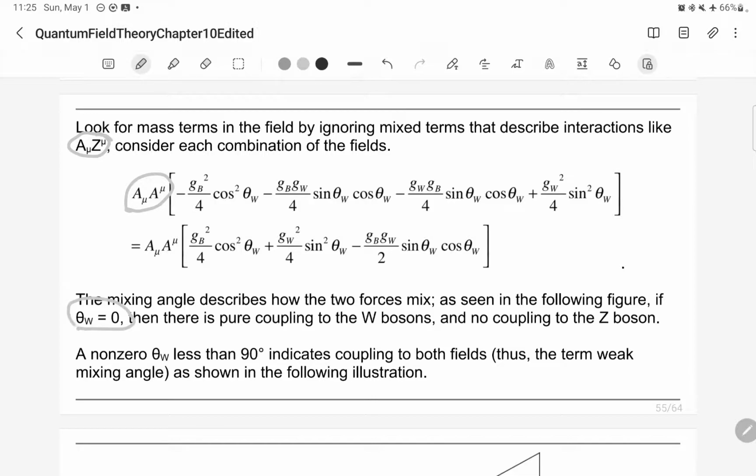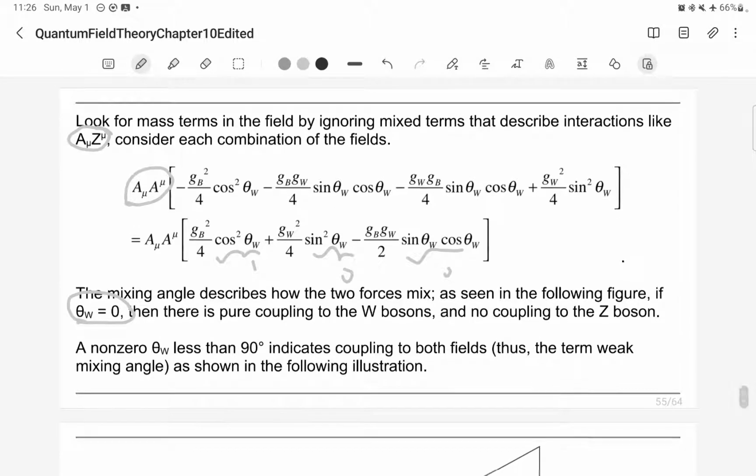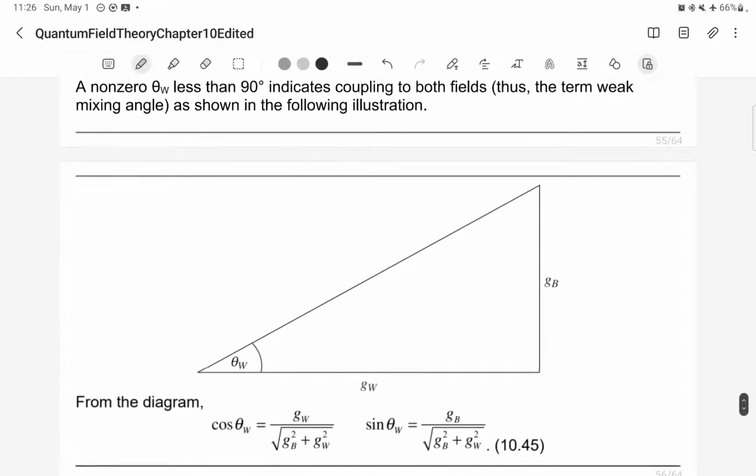Then if the mixing angle is 0, then this would be 1, this would be 0, and this would be 0. So here your scenario would be a pure coupling to the W boson and no coupling to the Z boson. If it's non-zero, then there is coupling to both fields.